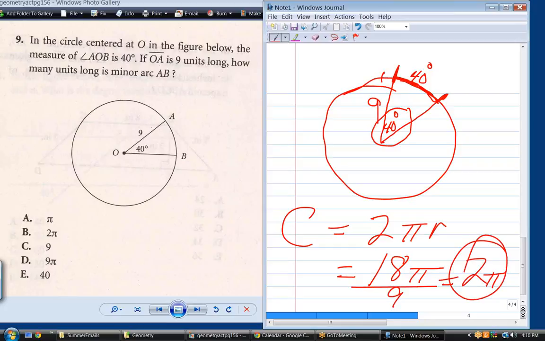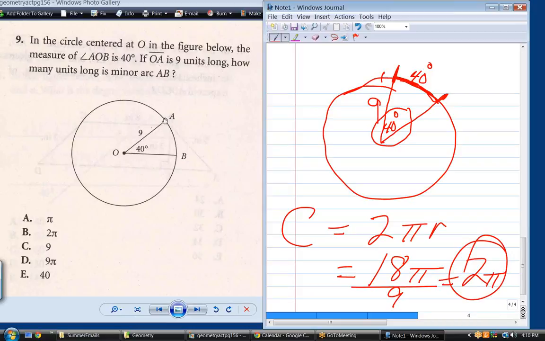All right. Okay? So when you're talking circles like this, you actually have a couple of different ways of measuring this thing from A to B. One is the length of it. That's what we just did. It's 2 pi long, about 6.2 units.